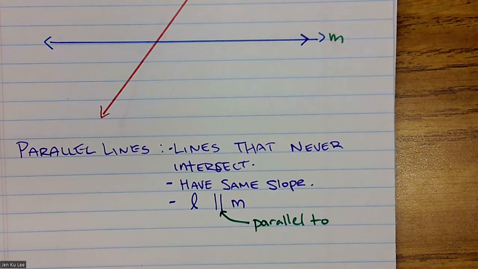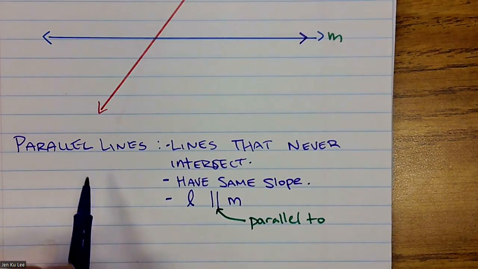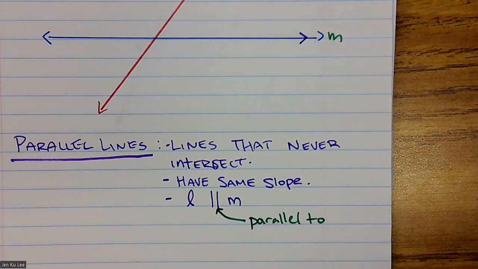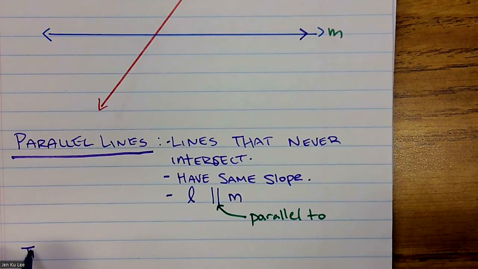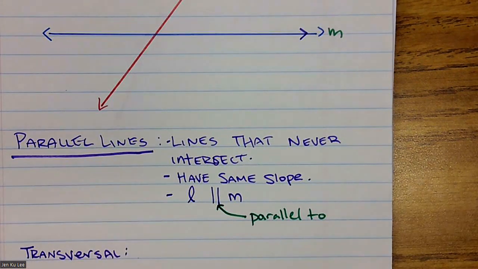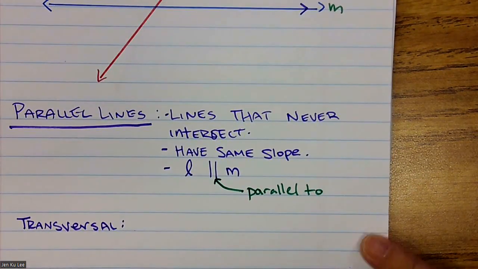Okay, so if parallel lines are lines that never intersect, what is a transversal? Transversal is a new word, so I will define it.